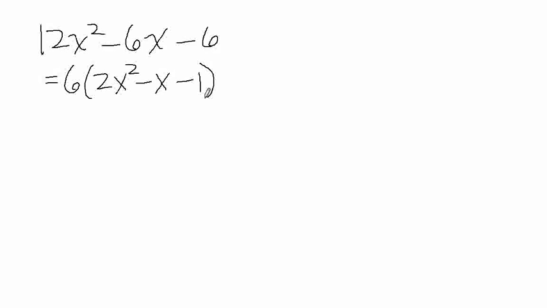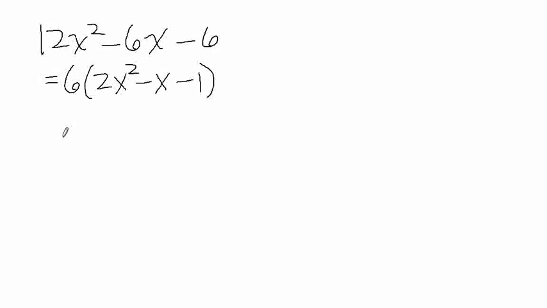You can go ahead and distribute to confirm that indeed that version is equal to the original quadratic expression. If you can catch those situations, you now just have to factor the much nicer quadratic expression, without the big coefficients.